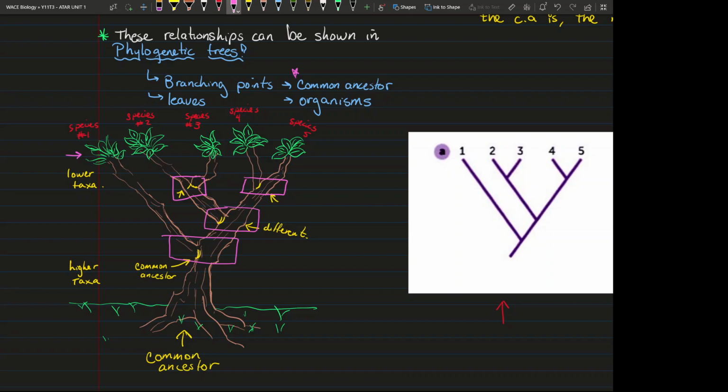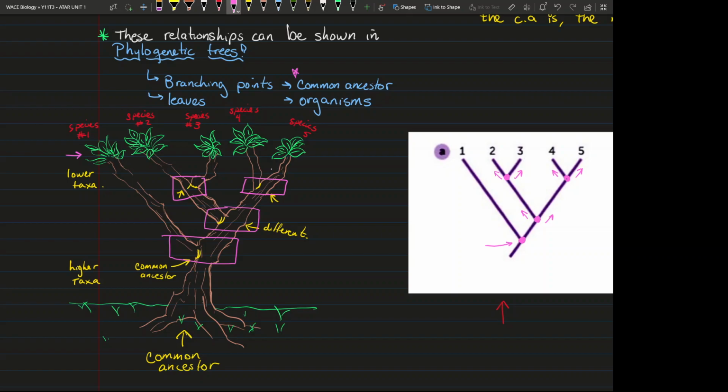So these branches are analogous to these points here. Every branching area is a common ancestor, right? So you had these species, 2 and 3, for example, they had a common ancestor, and that population of common ancestor branched out into these two diverging species. Same for 4 and 5. They had a common ancestor. And these two groups, even 2 and 3 and 4 and 5, had a common ancestor that had similar features, but then they diverged depending on the environment.